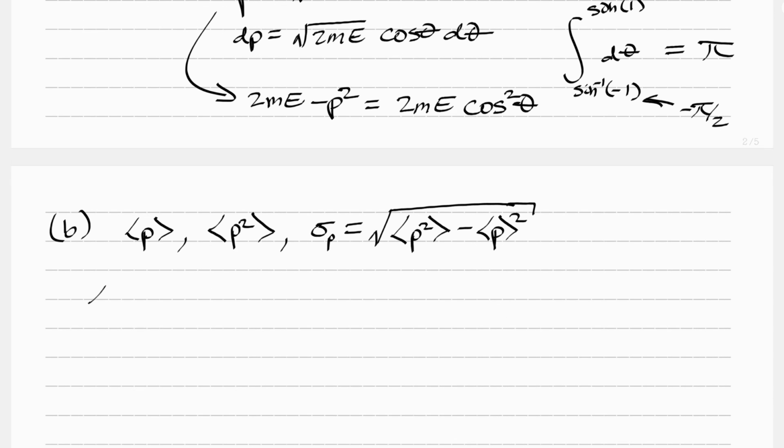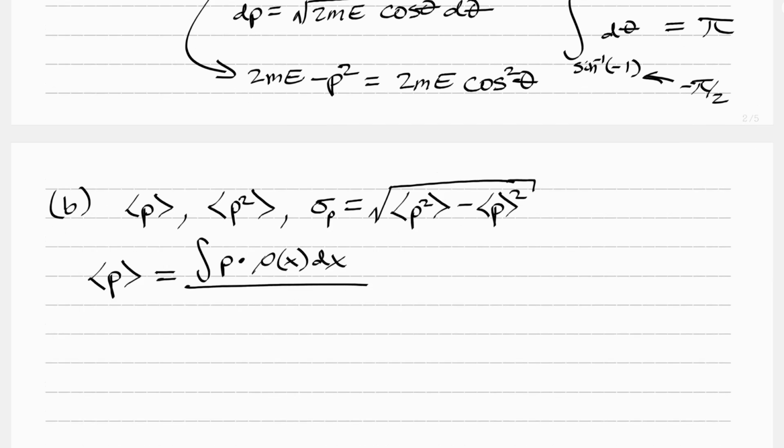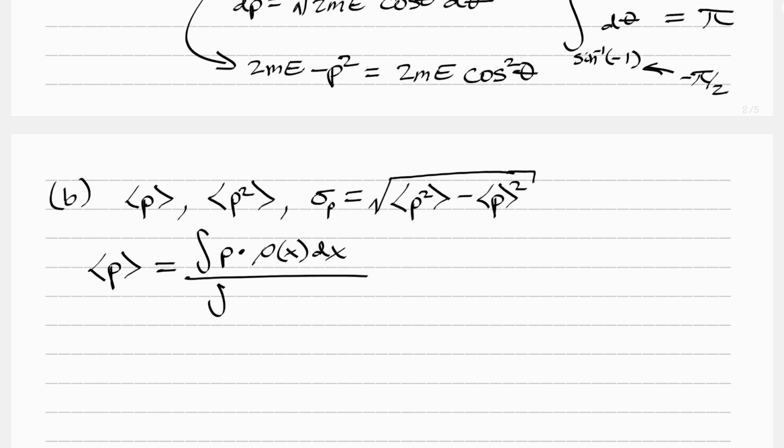Easy way to start this problem is the expectation value of p is equal to the integral of the thing that we want the expectation value of, so that's p, times rho of x dx, all over, we have to normalize the distribution, so integral rho of x dx, no p here.